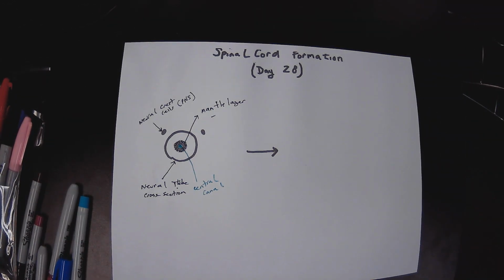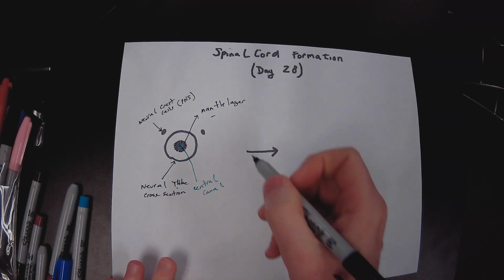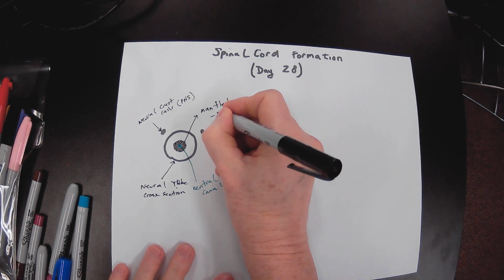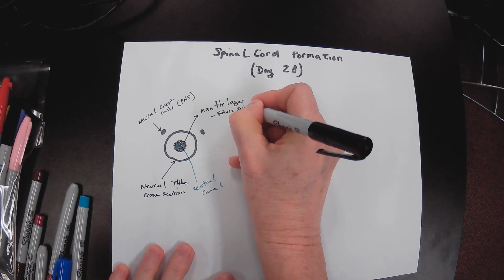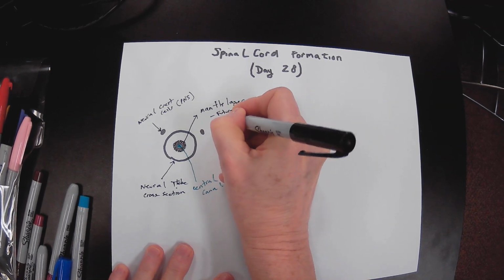Your mantle layer. That area is just a bundle of neuronal cell bodies that are surrounding the central canal. And your mantle layer is going to be your future spinal cord gray matter.